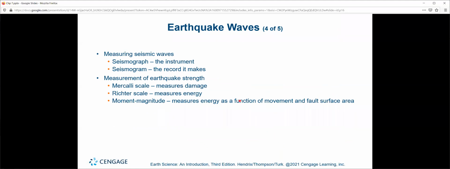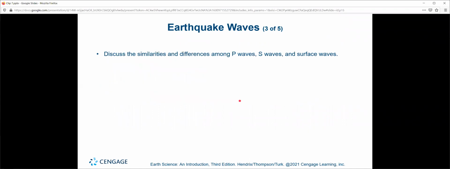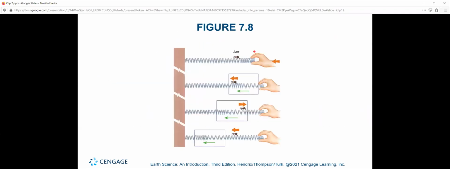We use the Richter scale to define earthquakes by energy release. Moment magnitude is a bit better, but we'll get to that. And what the Richter scale does is it ties back very nicely into this image here. Because as we said, as you leave the focus, as you leave the epicenter, you go through more material, and the energy is used up in this process.